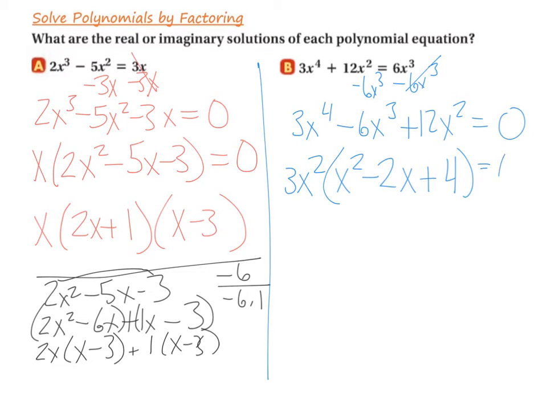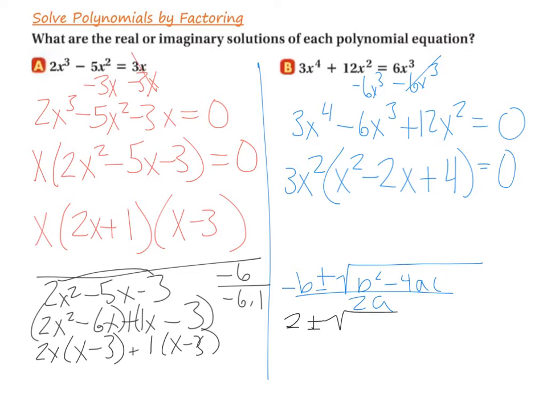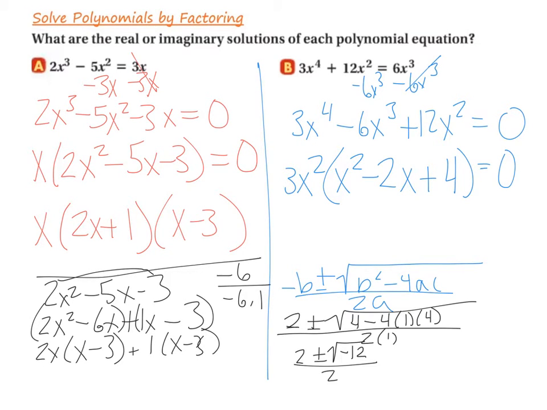And now I am going to go ahead and use the quadratic formula. So negative b plus or minus the square root of b squared minus 4ac over 2a. And I'm just going to go ahead and fill this work in. So it's going to be a positive 2 plus or minus the square root. Okay, so doing the quadratic formula, I end up with 2 plus or minus, and I'm pulling out an i here. And then I can also simplify the square root of 12.